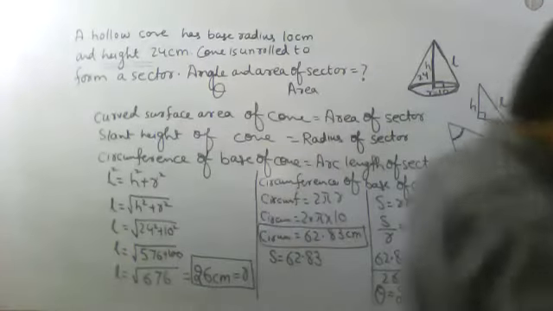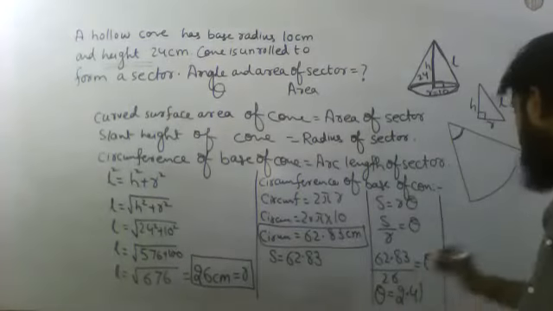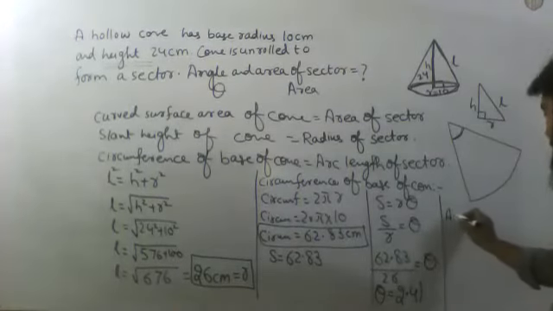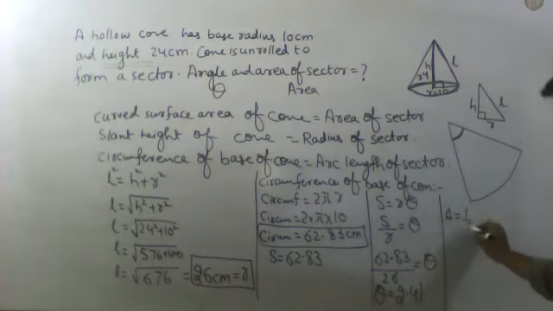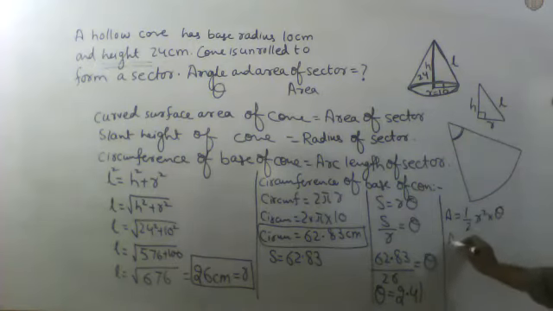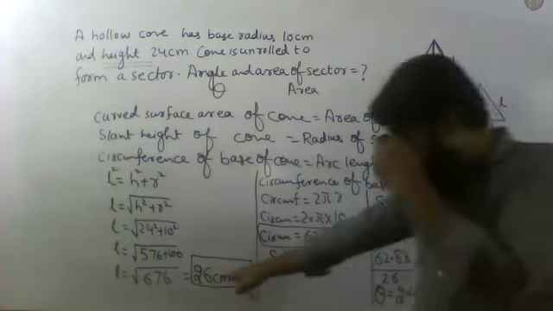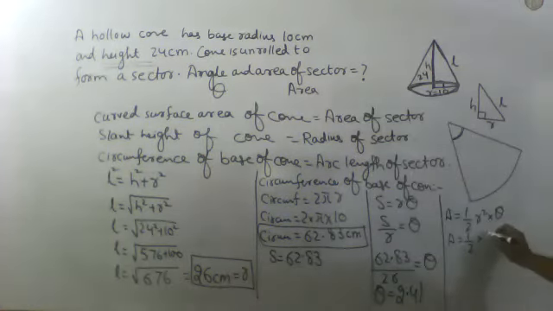Okay. Now I have to find area. Area formula is half r square into theta. So half into 26 whole square into theta.